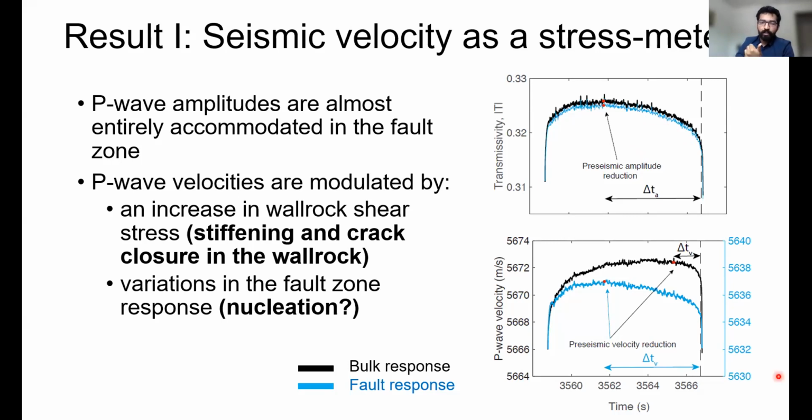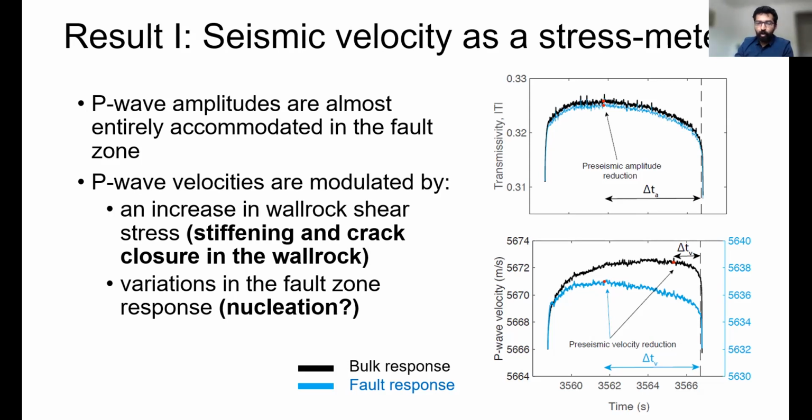Now, this is not the case for the P wave velocities, because remember, the bulk velocity has a very short-term anomaly just before failure. But the interesting thing is that when we partition out the role of the stress increase in the wallrock, the velocities now look very, very similar to the amplitude response and have a long-term reduction. What this means is that the P wave velocities contain information about the state of stress on the fault.